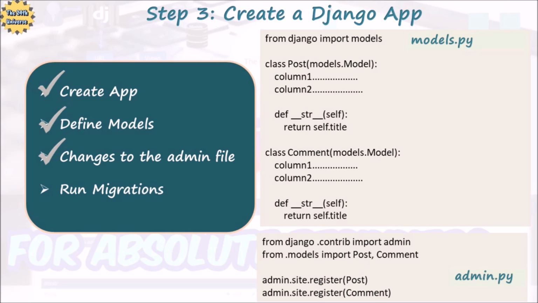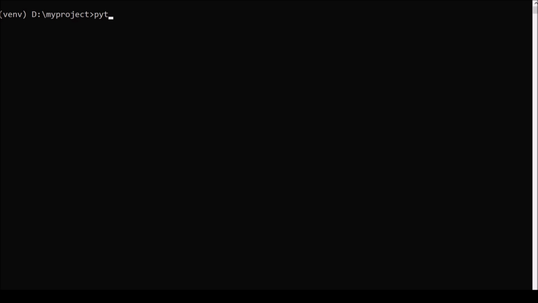After defining your models, you need to run migrations to create the necessary database tables. So for this, you have to type in the command line python manage.py makemigrations and hit enter. If successful, you should get this message in the command prompt.